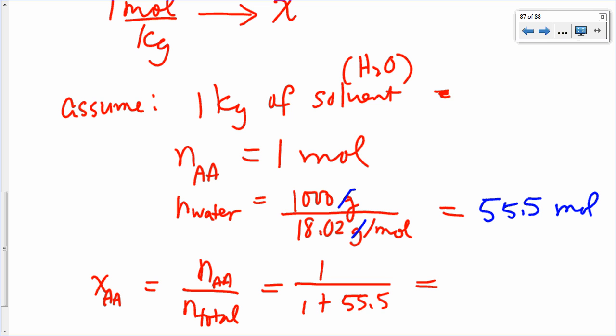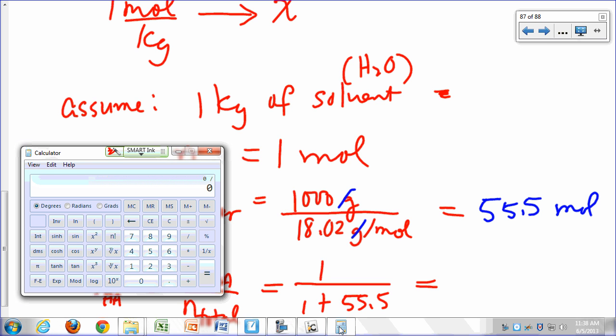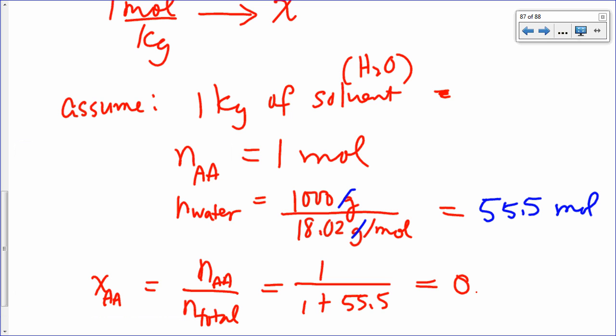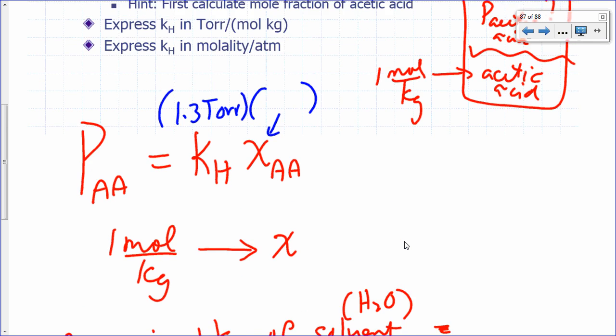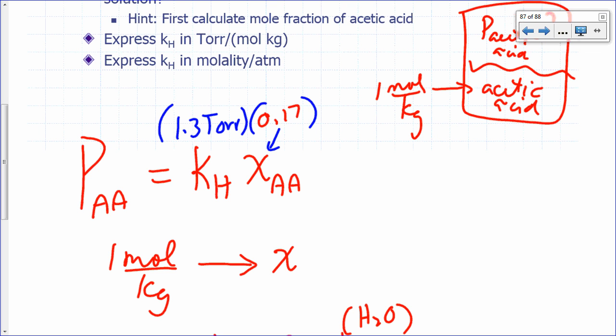So what's 1 over 1 plus 55.5? 1 divided by 56.5, 0.0177. So what do you do with that? Plug that in here. Mole fraction of acetic acid is 0.0177. Okay, so that will tell you the vapor pressure of acetic acid.